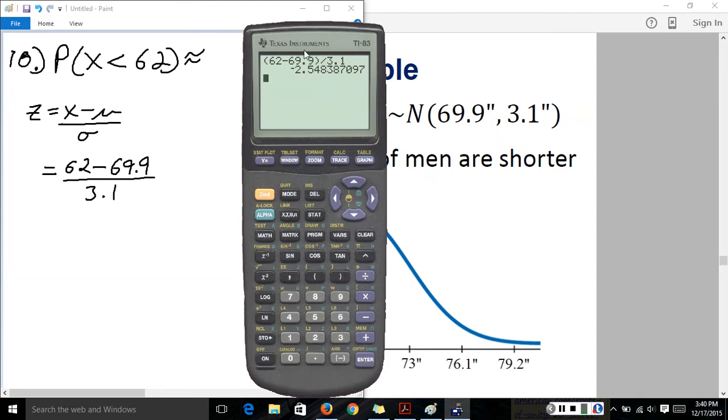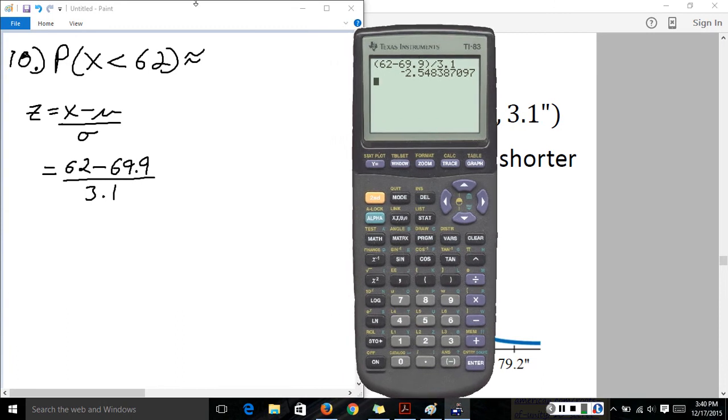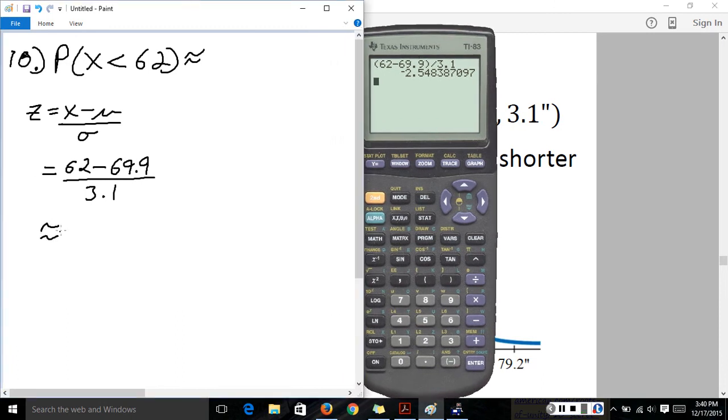As mentioned earlier, we typically round z-scores to 2 decimal places. So the z-score is about negative 2.55. Now, that z-score is not my answer. Remember, I'm not looking for the z-score, I'm looking for the probability.